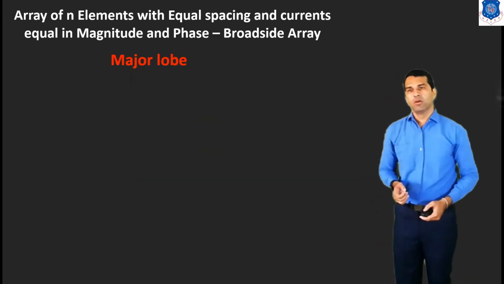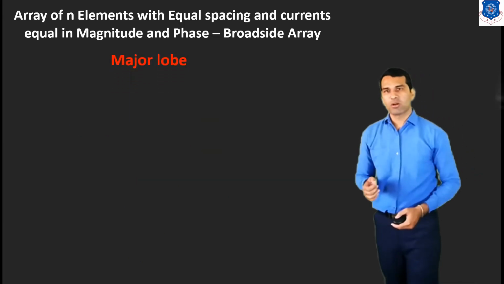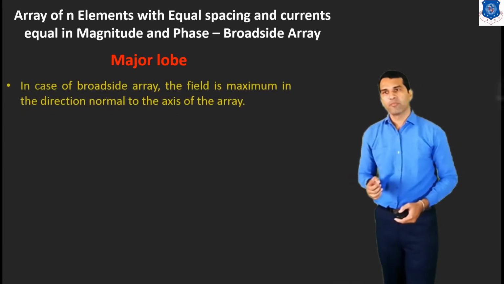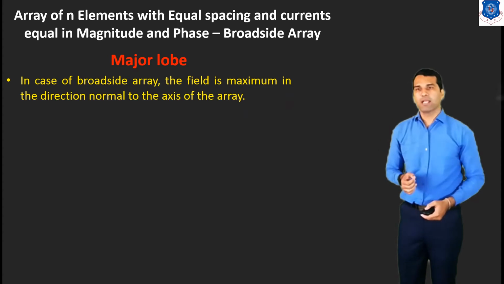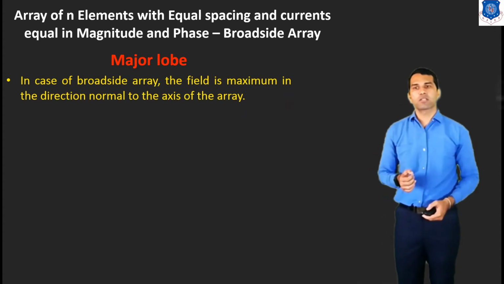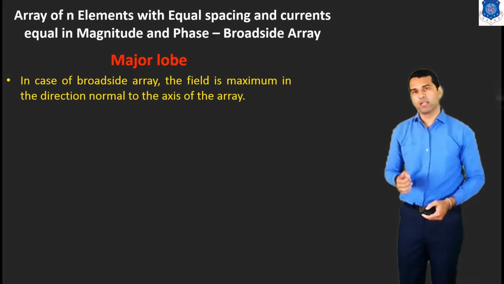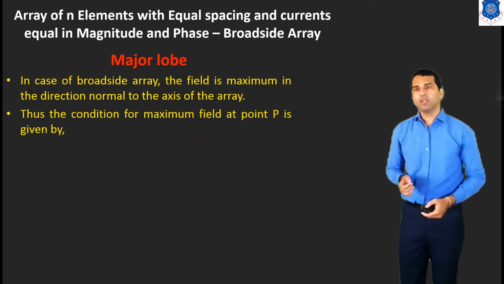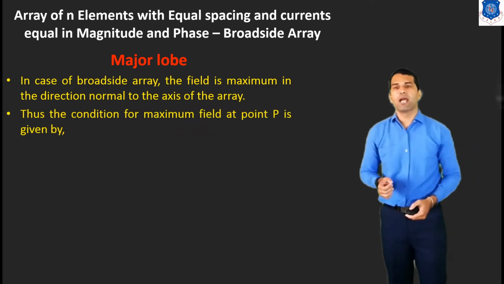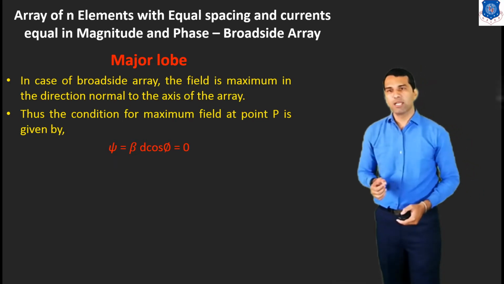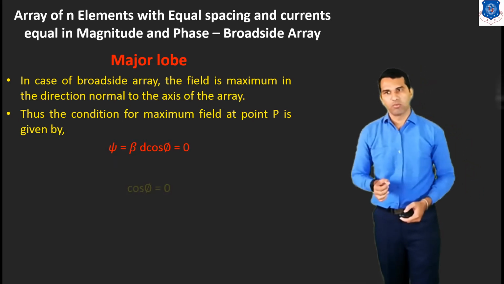Now, for the broadside array, we first consider the major lobe. In case of the broadside array, the field is maximum in the direction normal to the axis of the array. We learned about the broadside array in the types of arrays. Thus, the condition for the maximum field at point P is given by psi is equal to beta d cos phi is equal to 0.